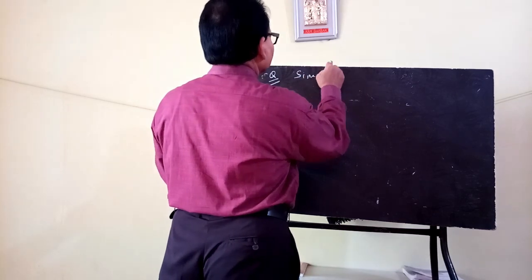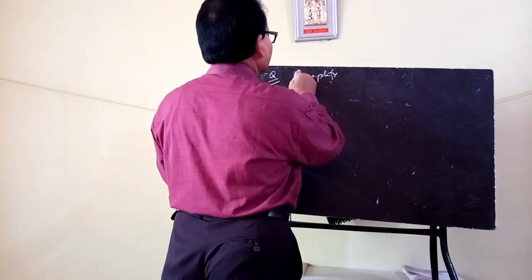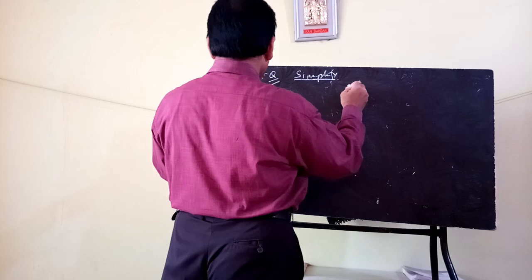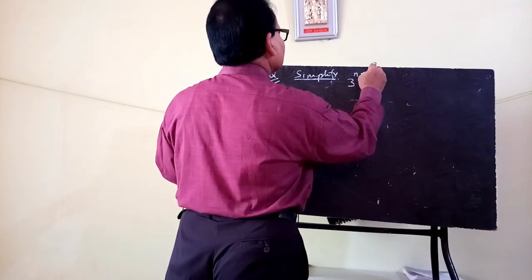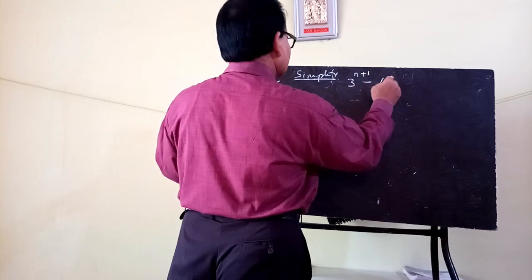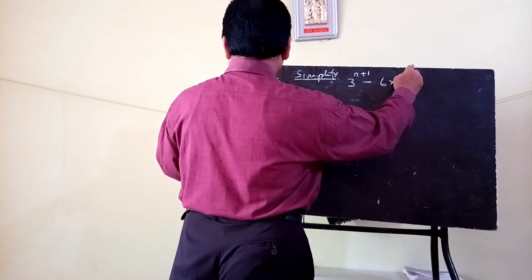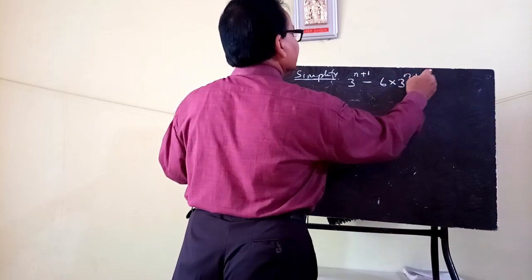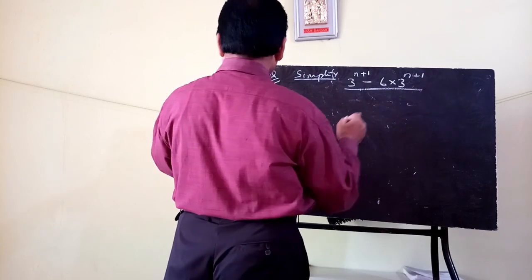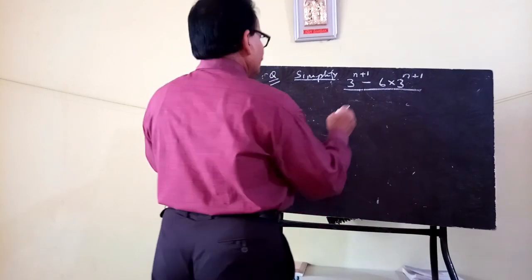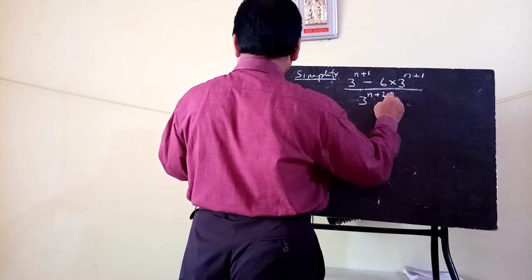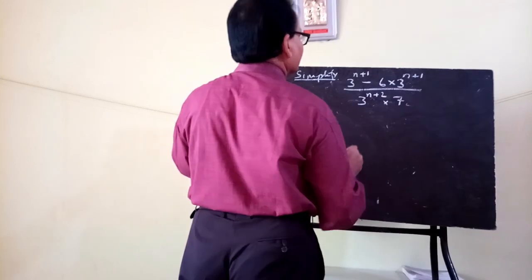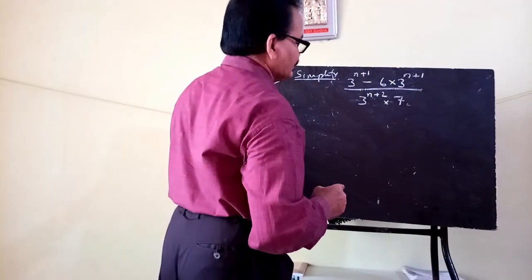Simplify. In this case, the question is 3 to the power n plus 1 minus 6 into 3 to the power n plus 1, divided by 3 to the power n plus 2 into 7. So you have to simplify it.